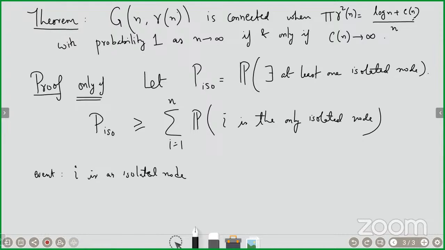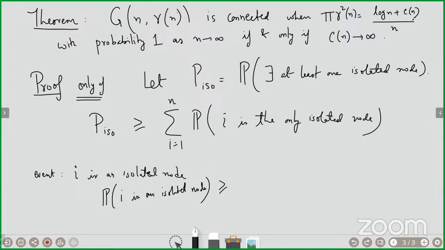Okay, very good. So can you tell me exactly the probability that I is an isolated node? This means only I isolated, plus higher. You want equality or inequality? Because there will be higher terms, you take greater.